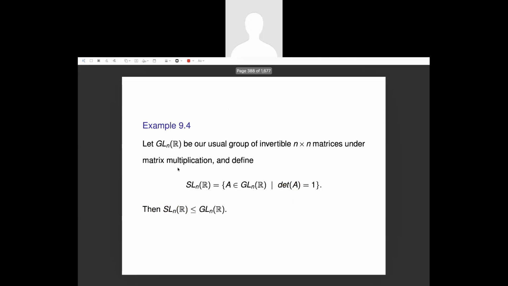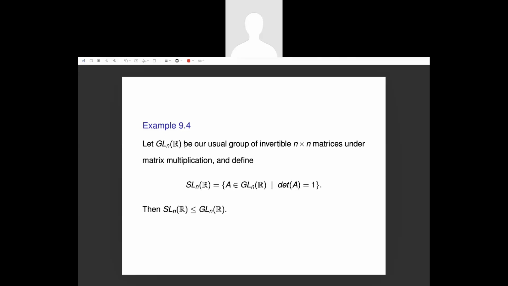Now we have already discussed the general linear group. GLnR we denote as the set of all n by n invertible matrices, and then we define SLnR also. If A is an element of GLnR, then determinant of A is not equal to 0, so we collect all the matrices where determinant of A is equal to 1.